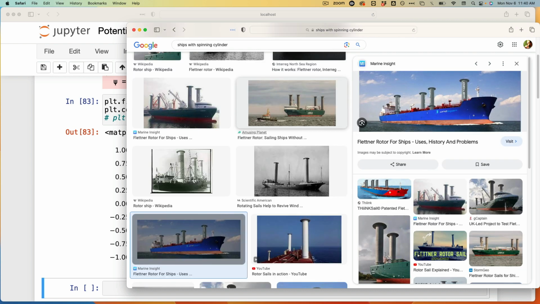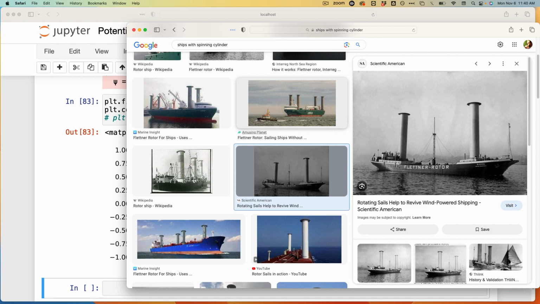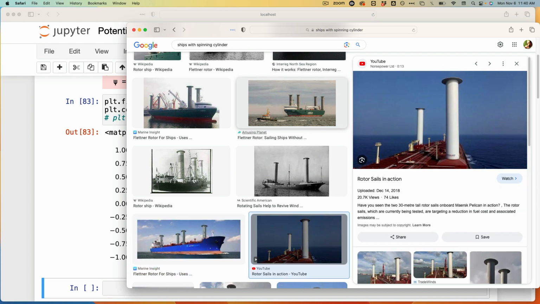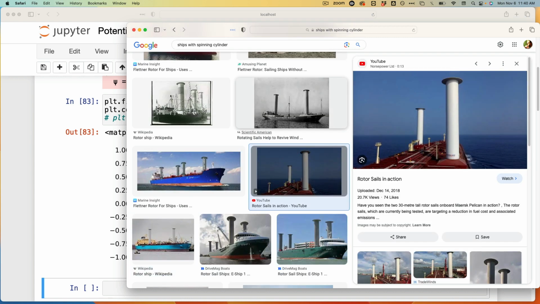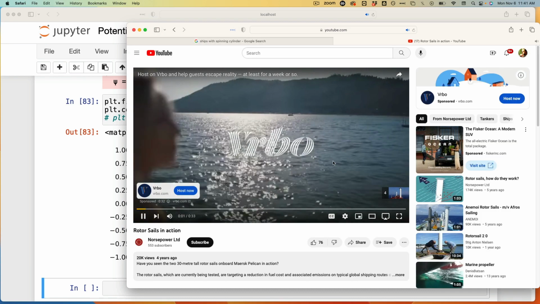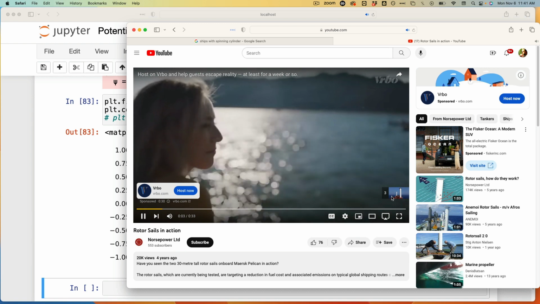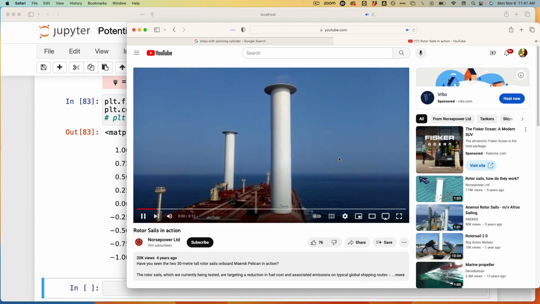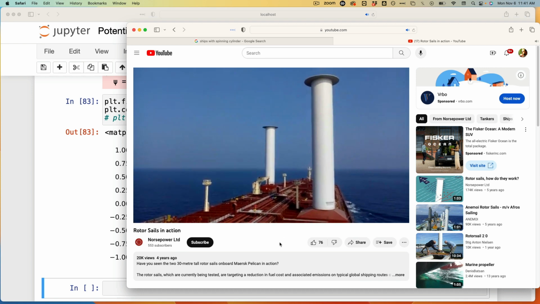And this magnificent example, Flettner rotor, whatever. Rotor sails in action. Is that a movie? Oh yeah, look at that. I have the ability to help people escape reality. Sorry. See how they're spinning? And the ship is moving.